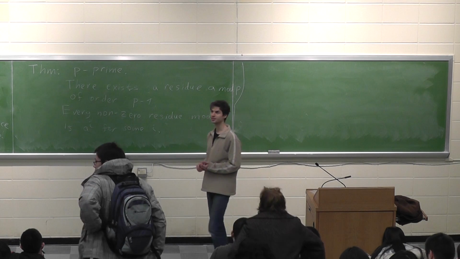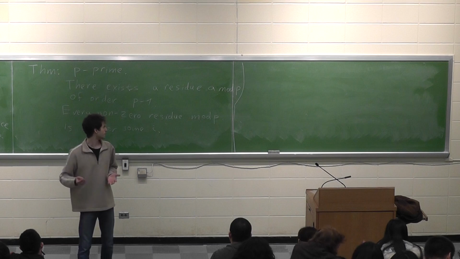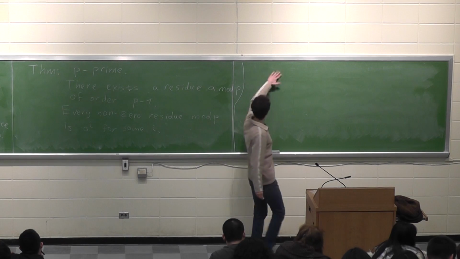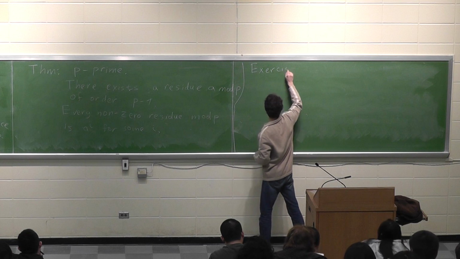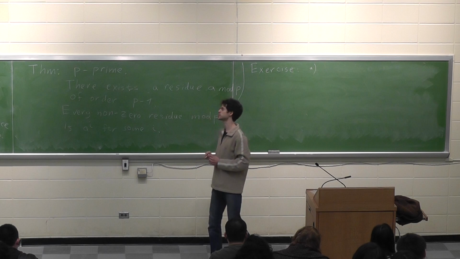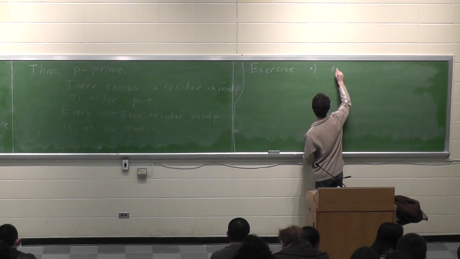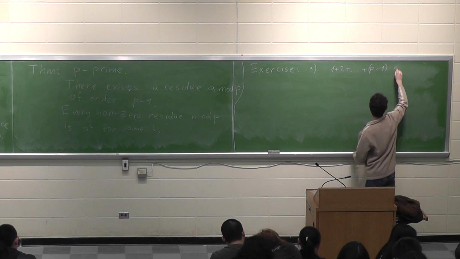So now I want to show a kind of funny application of this. Let's compute. Example exercise. First part: let's compute the following sum, 1 plus 2 plus and so on plus p minus 1 modulo p.